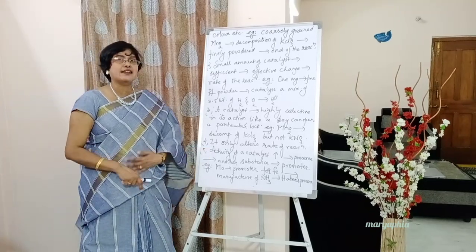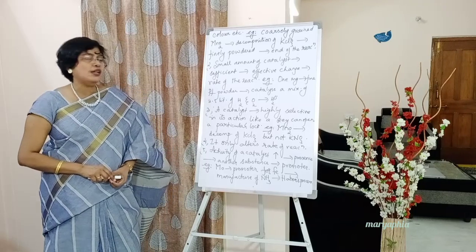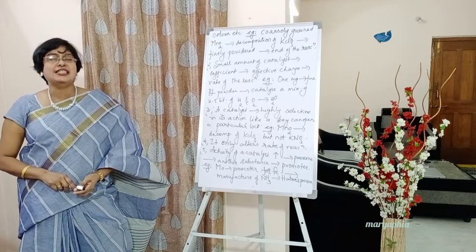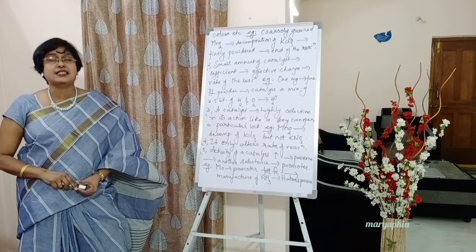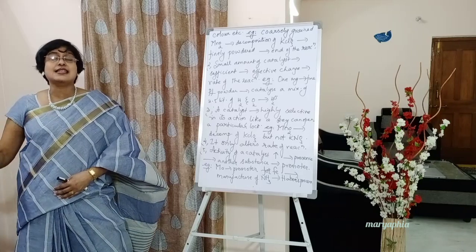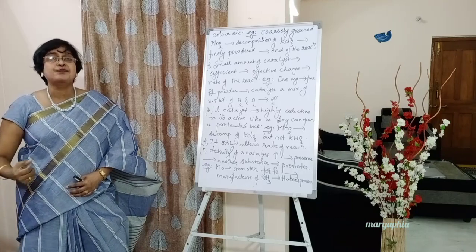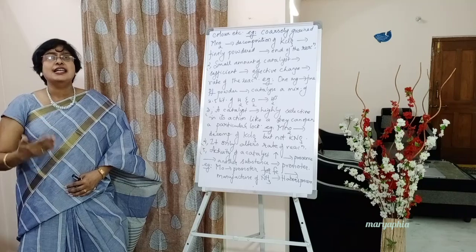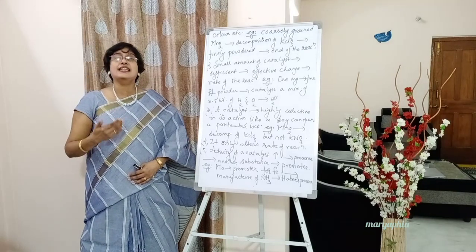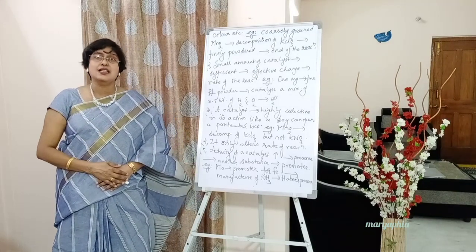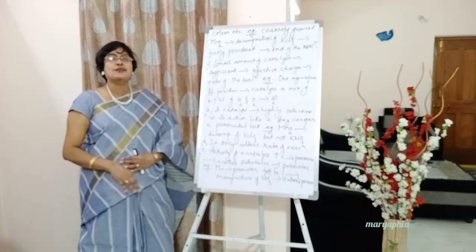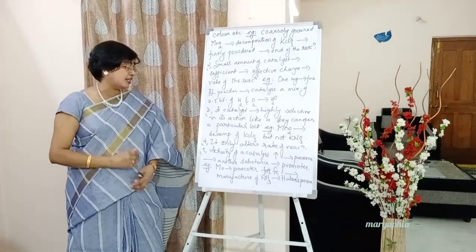Next, fourth characteristic, it only alters the rate of reaction. It is not being used up in the reaction, students. How it enters, it just comes out of the reaction in the same way. A change might occur in its physical state or color. It just alters the rate of reaction, but it is not being used up in the reaction.